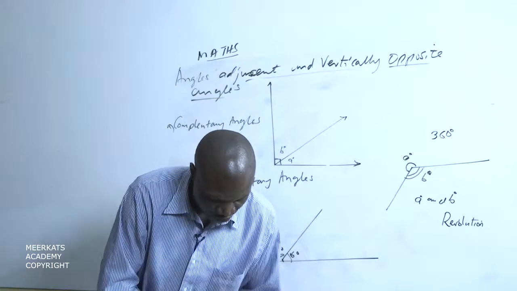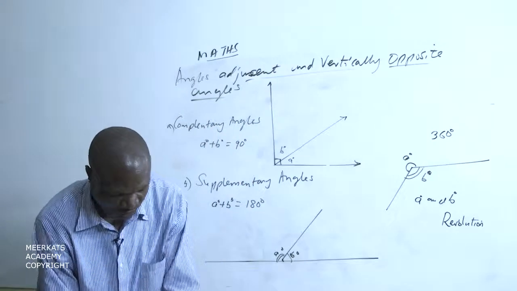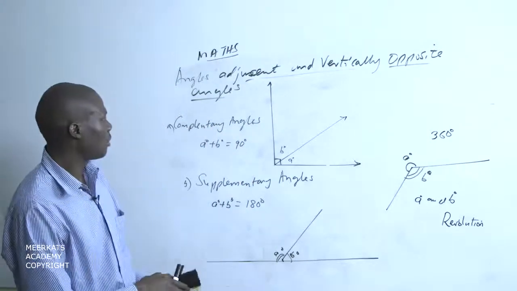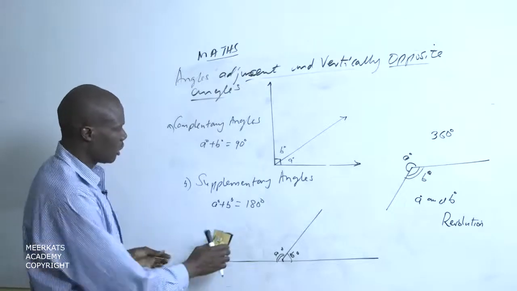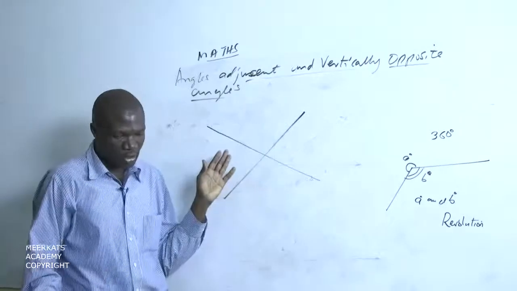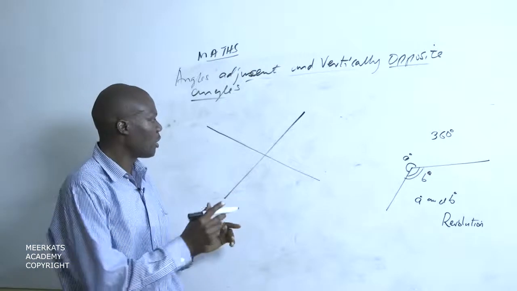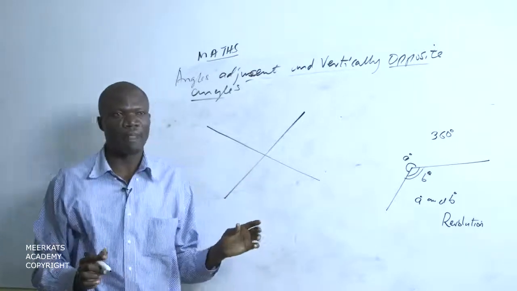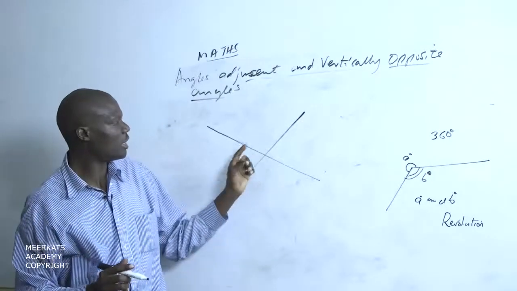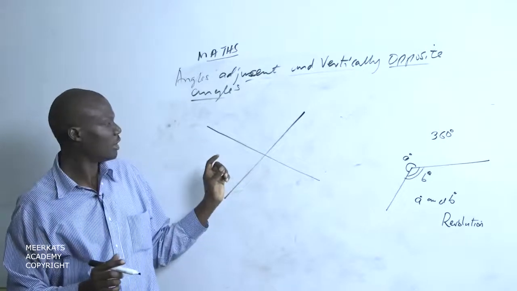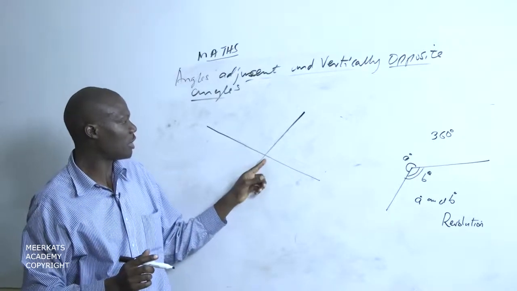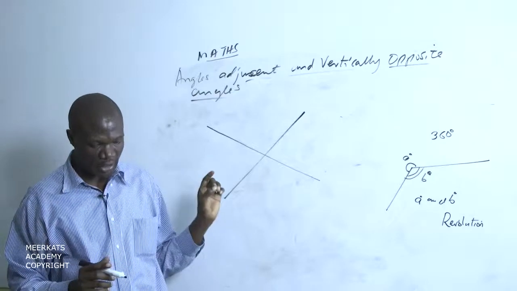Now we have the other group, vertically opposite angles. Earlier on, we saw that when two lines intersect at a point, they form an intersection.